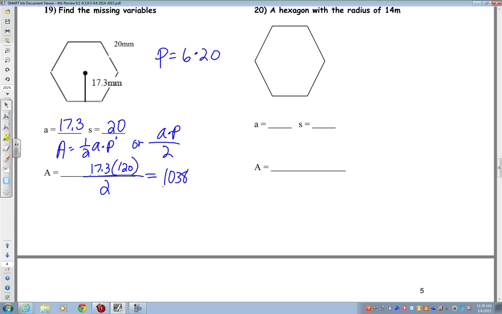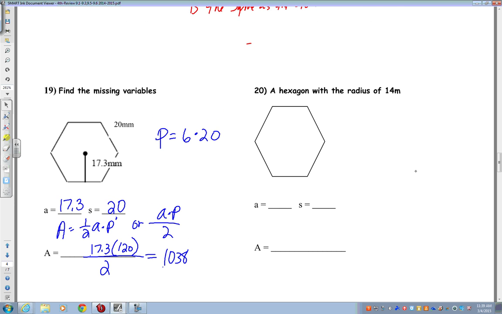Okay. All right. So look at 20. This is a hexagon with a radius of 14 meters. Okay. So I know they didn't draw it for you, but get in the habit of drawing your apothem. It's going to bisect the side and drawing the radius to have a right triangle.